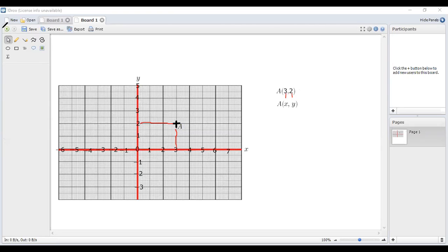All right, so let's look for another point and see if you'll understand it. Ready?